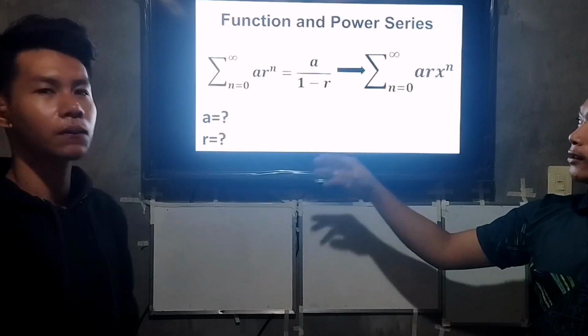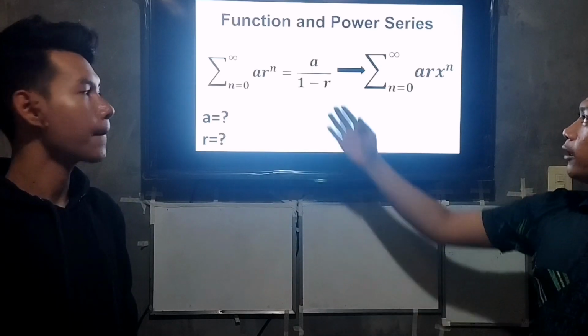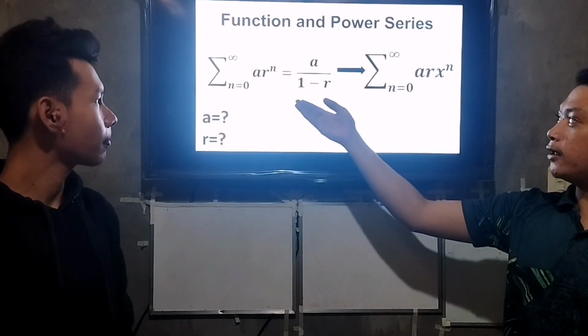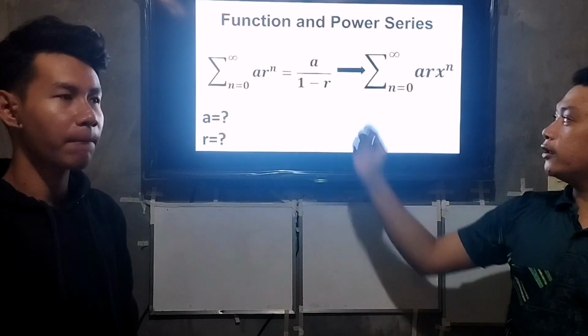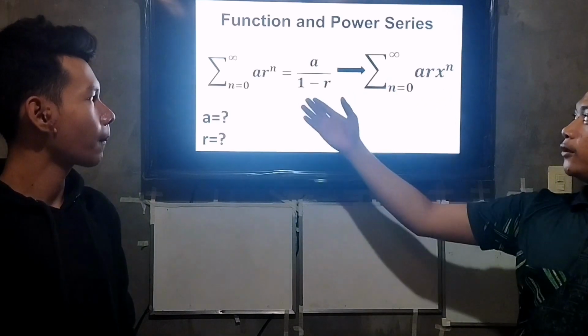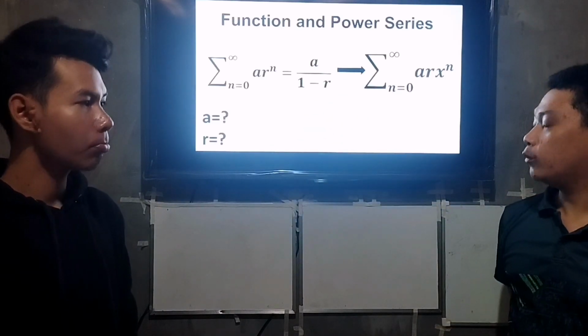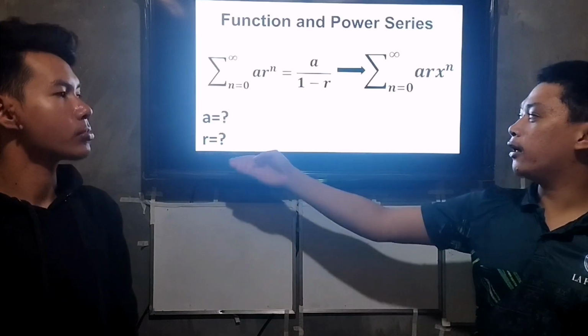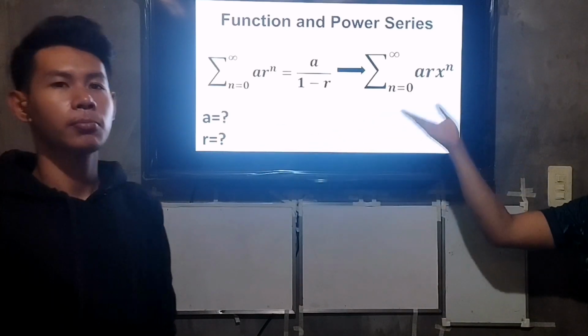Before we proceed with the formation, we must get a over 1 minus r, then identify the values of a and r.